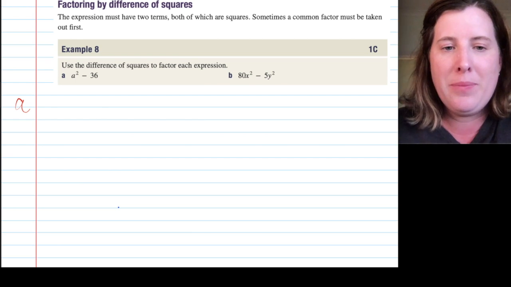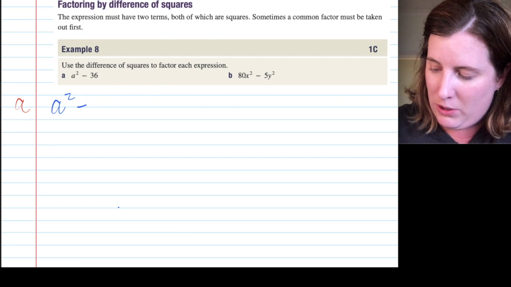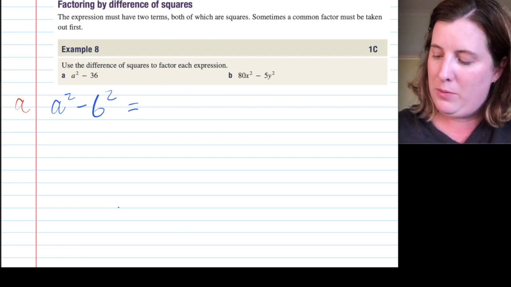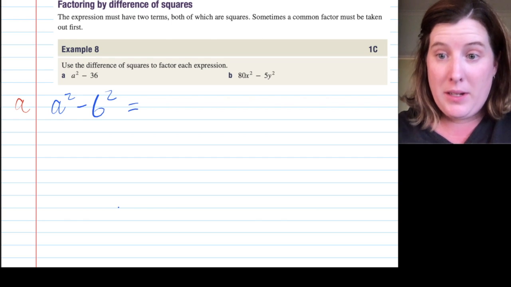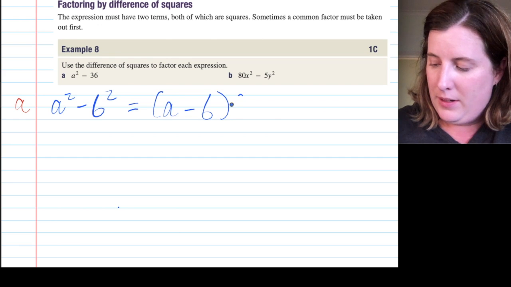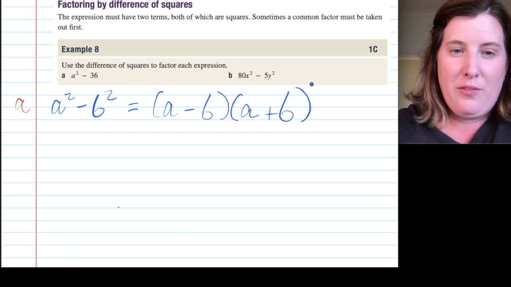Surds will help you here. 36 is 6 squared, so that's something squared minus something else squared, so that must be a minus 6, a plus 6.